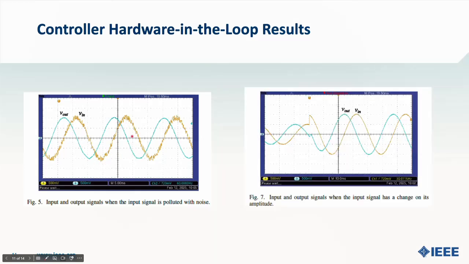And also when you make a change in the amplitude, we can see that the independence of the amplitude is preserved, because before and after the step both signals are being computed correctly and the amplitude is also unchanged.